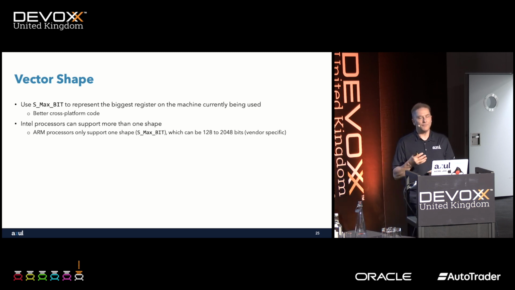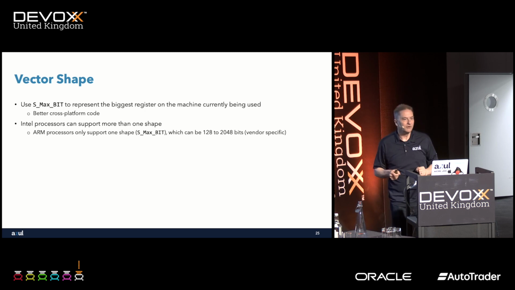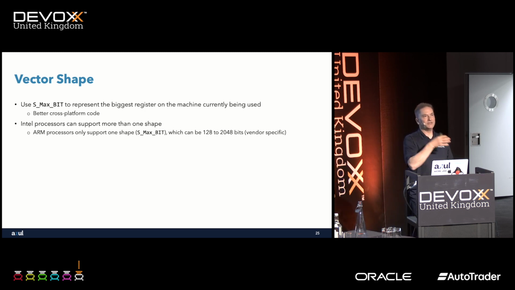The other thing to be aware of is on the Intel architecture, it does support more than one size shape. So you can have a 128 or a 256-bit value register if you want to. On ARM processors, they only support one size or shape, and you have to use S max bit for that, because it can be anywhere from 128 to 2048.